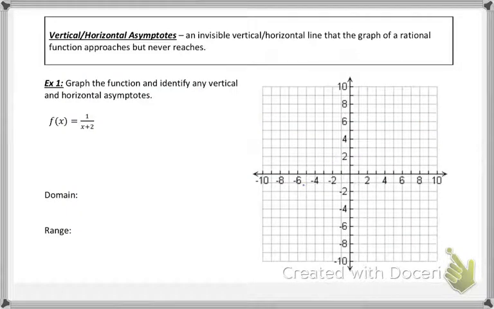Okay, so example 1, we're going to graph the following function, which looks very similar to the parent function. The parent function is y equals 1 over x, and let's think about what we know about transformations. The only difference here is this plus 2 that is in the denominator where the x is, right?